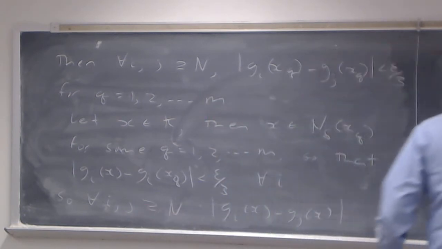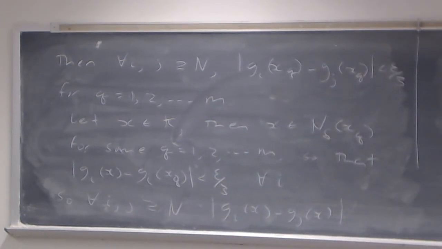Now I'm trying to show uniform convergence here, so I want to show this is less than the epsilon we've been given, using the Cauchy criterion.